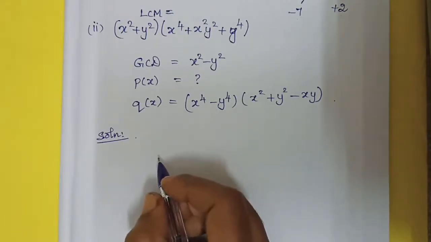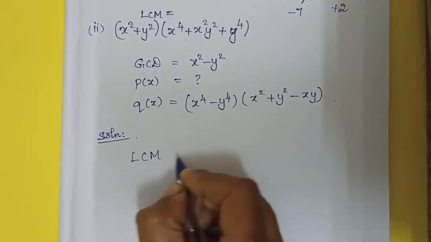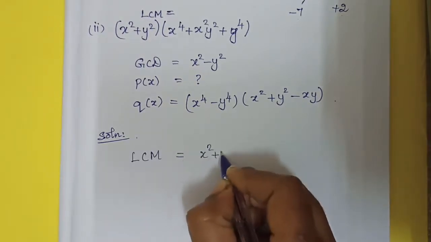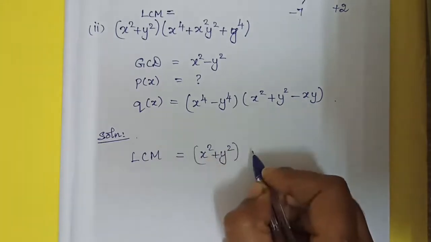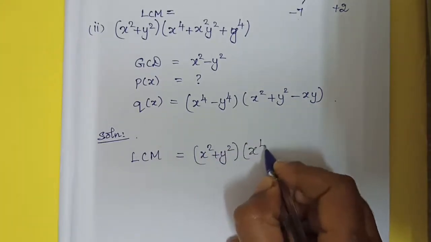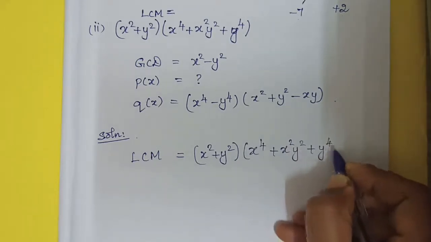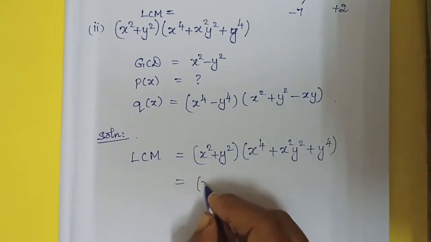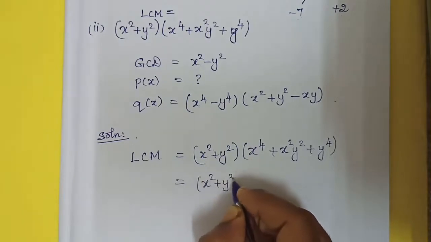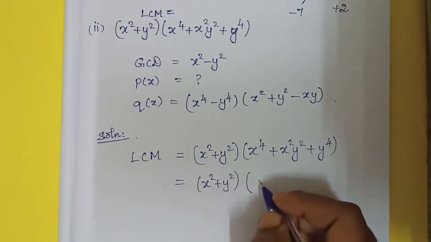Okay, shall we solve this now? So LCM equal to x square plus y square into x power 4 plus x square y square plus y power 4. So x square plus y square. Here any possible way to reduce this?